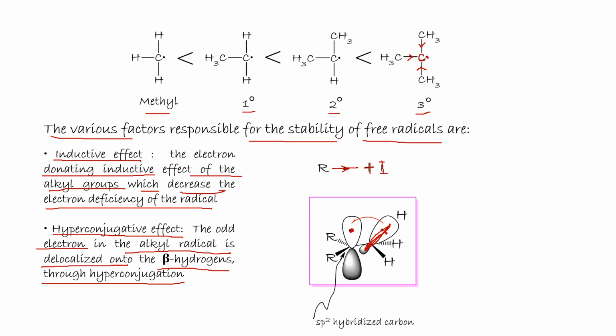This odd electron is delocalized. It's jumping from one here, and this is going back, and we call this hyperconjugation. It's not a bond, but it is delocalization of electrons. And as you know, the hybridization of this carbon is sp2, where the odd electron occupies the p orbital.